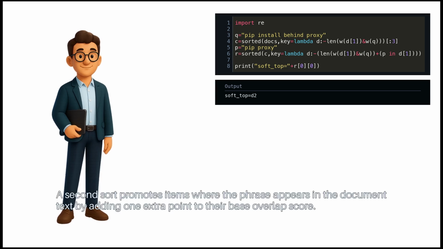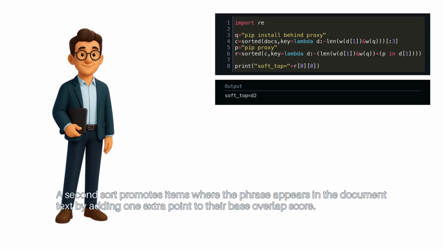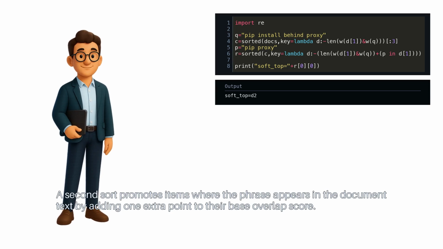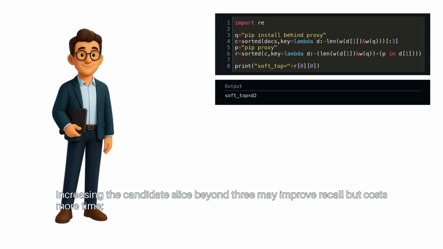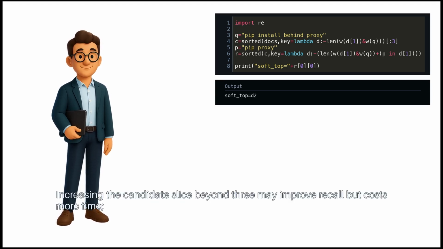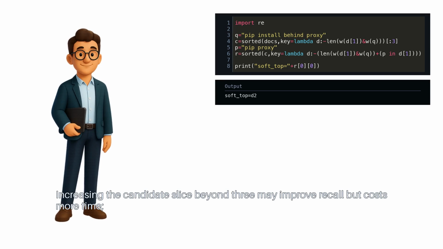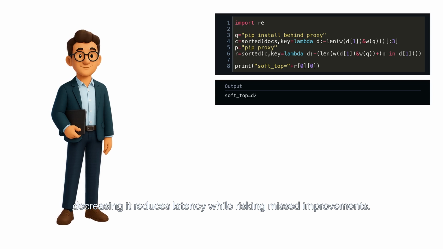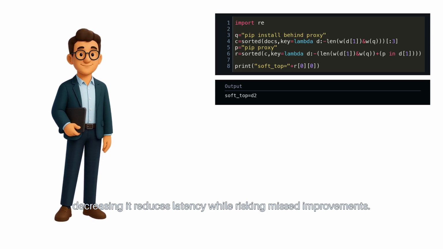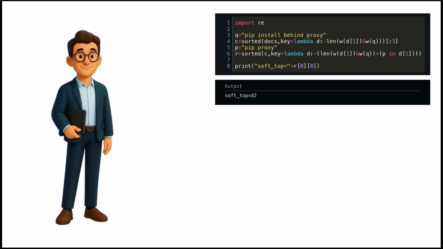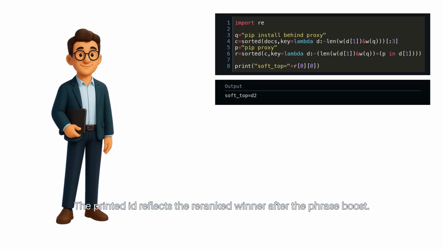A second sort promotes items where the phrase appears in the document text by adding 1 extra point to their base overlap score. Increasing the candidate slice beyond 3 may improve recall but costs more time. Decreasing it reduces latency while risking missed improvements. The printed ID reflects the re-ranked winner after the phrase boost.